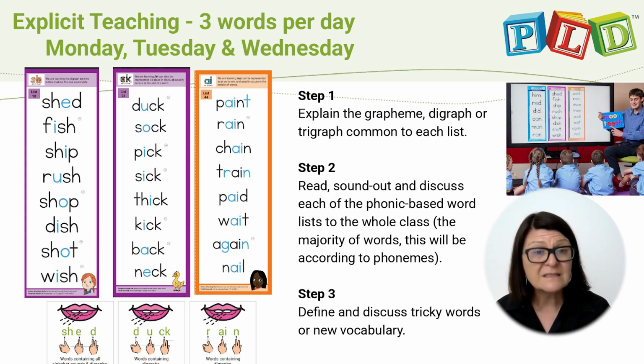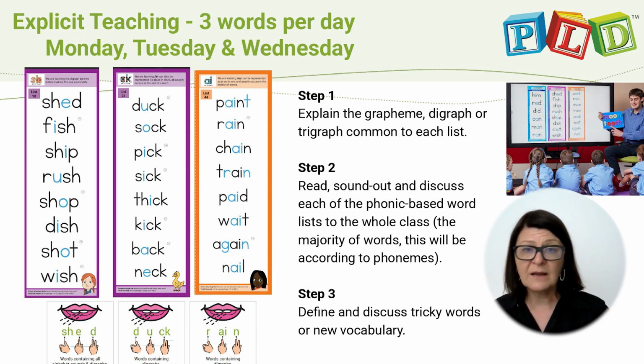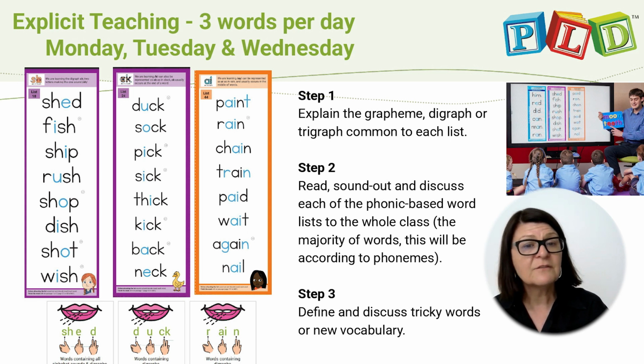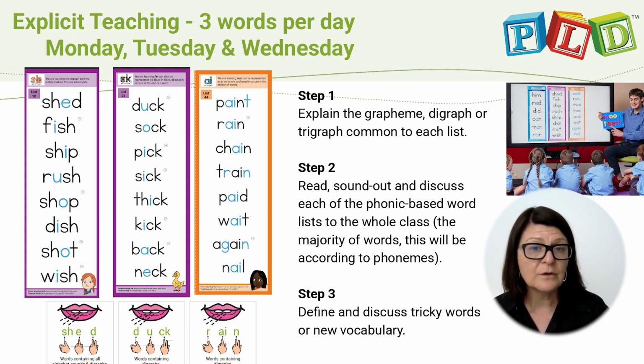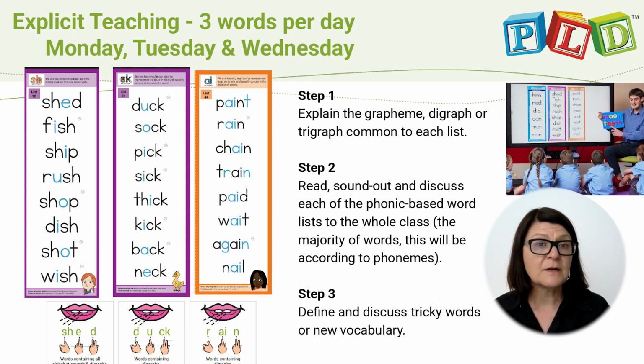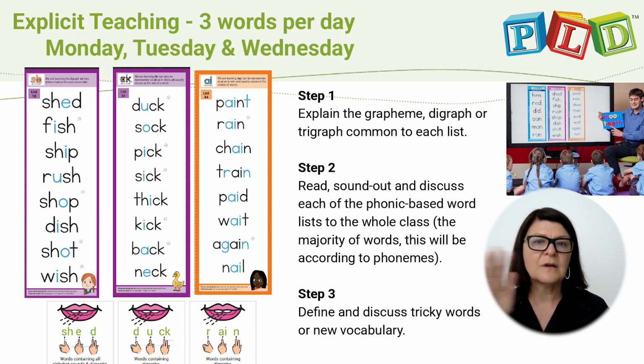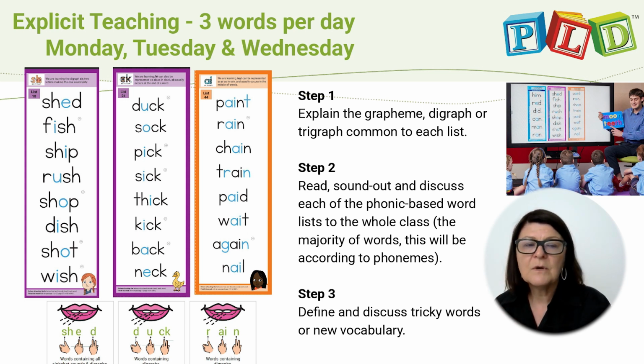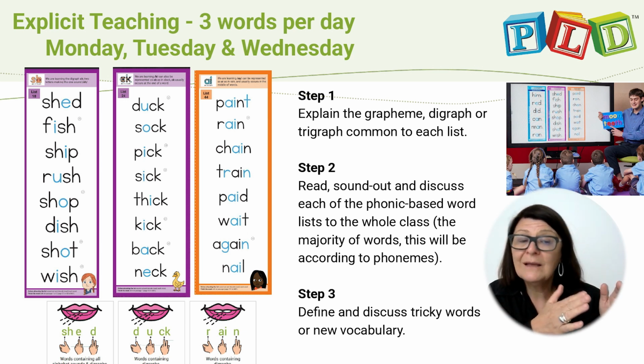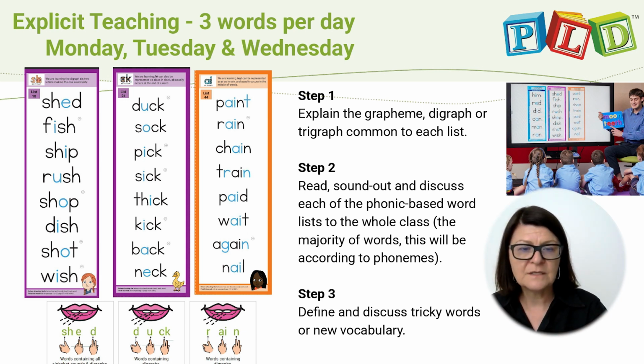You're going to read and sound out and speech sound map 3 words from those lists, and you're going to define and discuss any tricky words. 3 words each day, for the 3 lists, across the three days. Most students learn their list, but also have some up-learning and also some back revision as well.